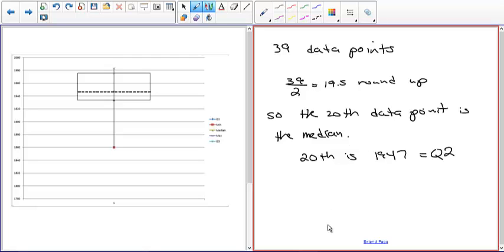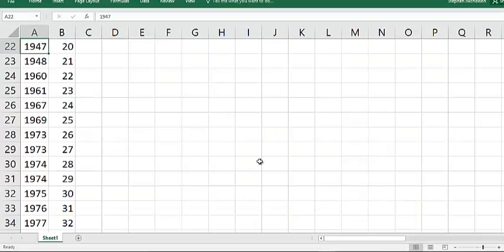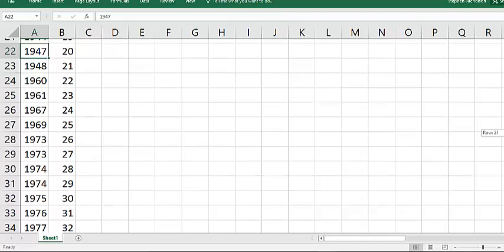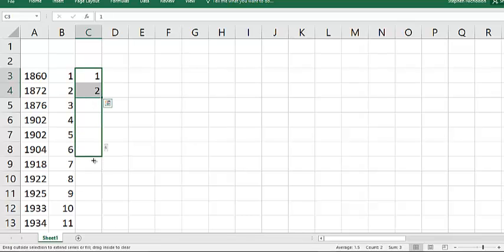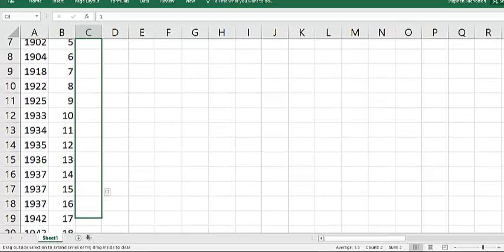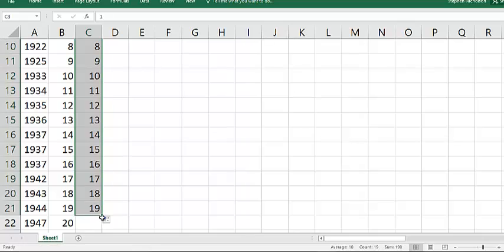Now, if I want to go back and find Q1 and Q3, what I would do is order the first 19 data points, because the 20th is the median, so I don't include that. So I'd go all the way up to 19, which is the same numbers.